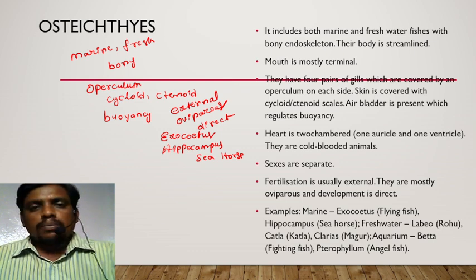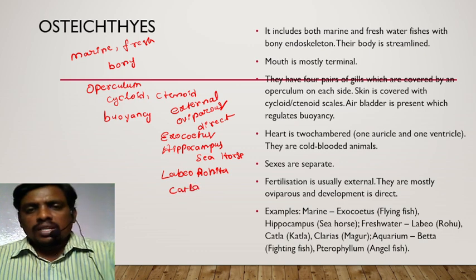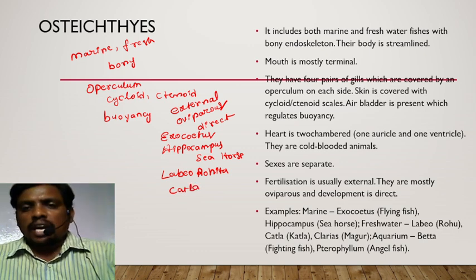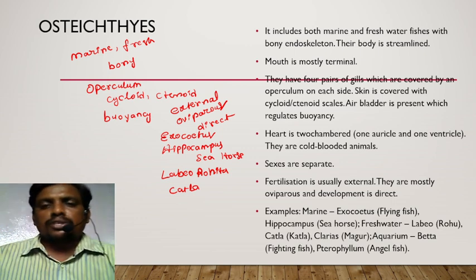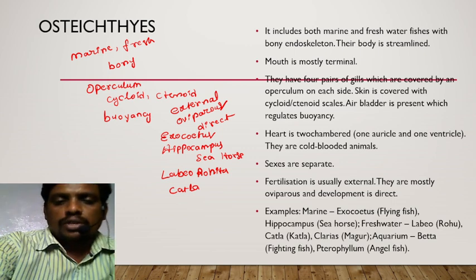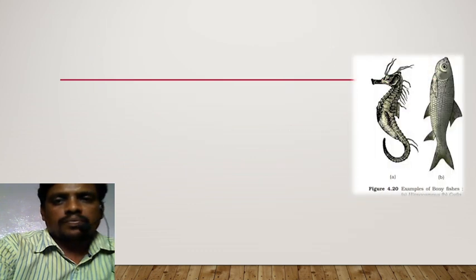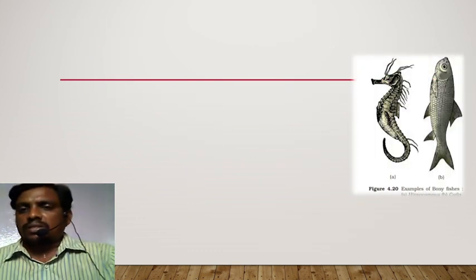Freshwater fishes like Labeo rohita, commonly called rohu. Cuttlefish, Clarias, Catla, aquarium fishes like Betta, commonly called fighting fish, and Pterophyllum, angelfish. These are very good examples for Osteichthyes.